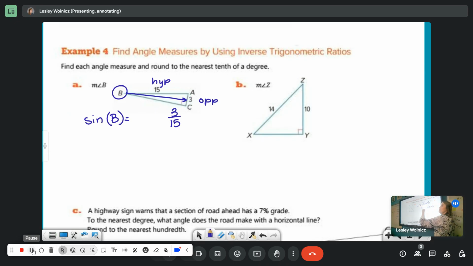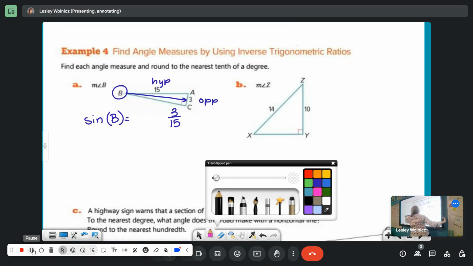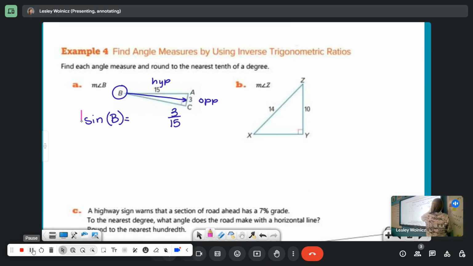I want to undo the sine to get my variable. I have to use the inverse to undo sine. So I'm going to take this whole thing and I'm doing inverse sine. So I have to do inverse sine to this side. The inverse sine undoes the sine and leaves the B alone.